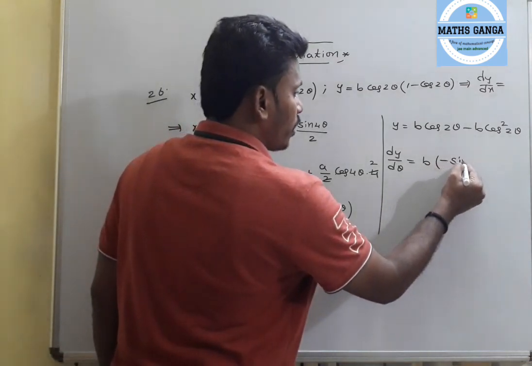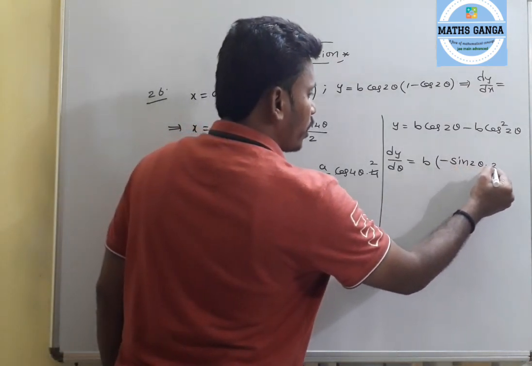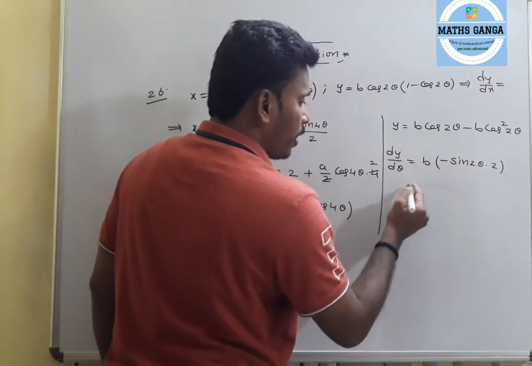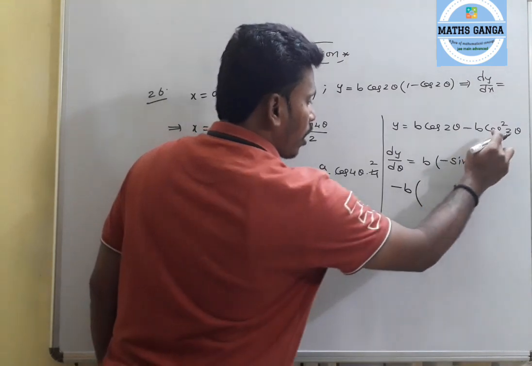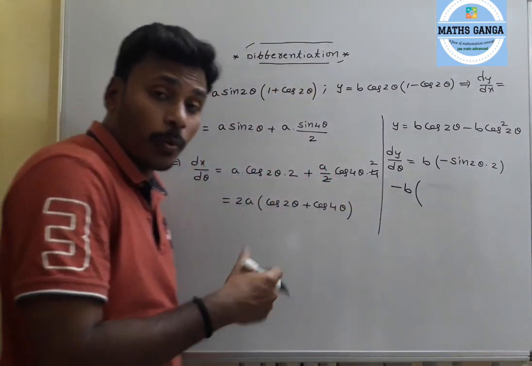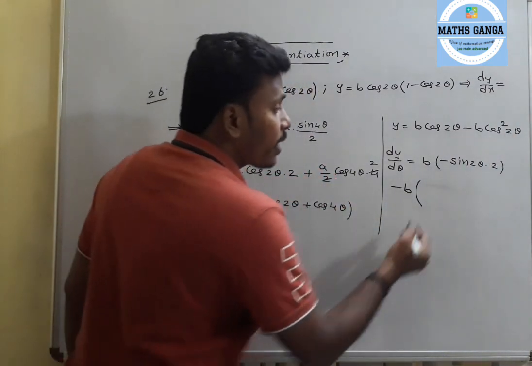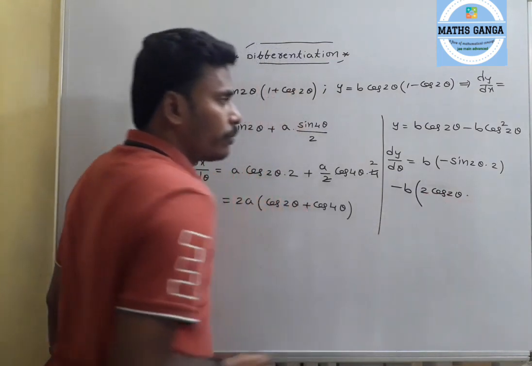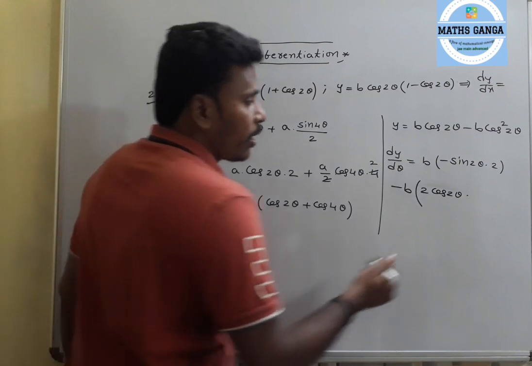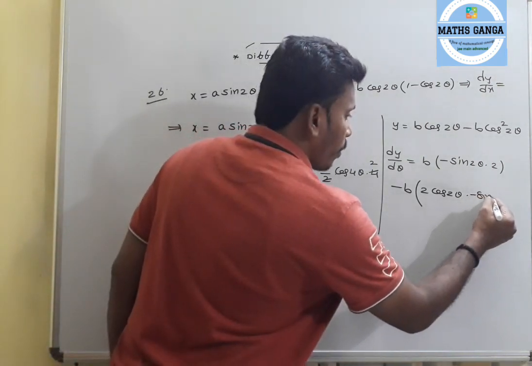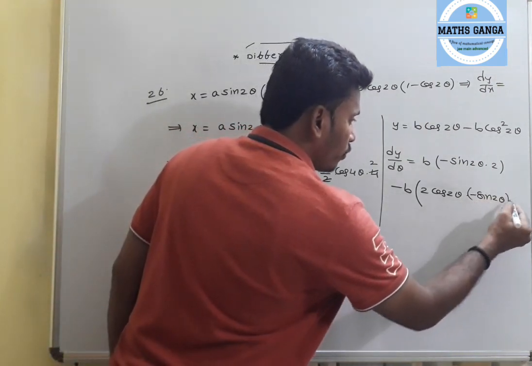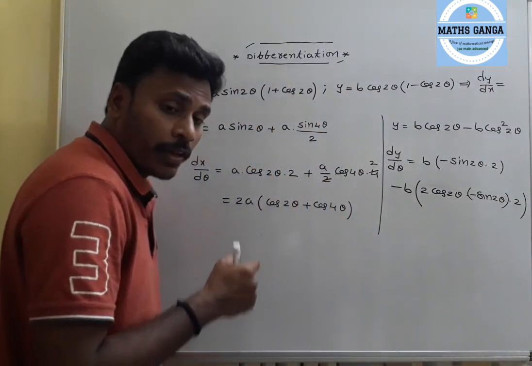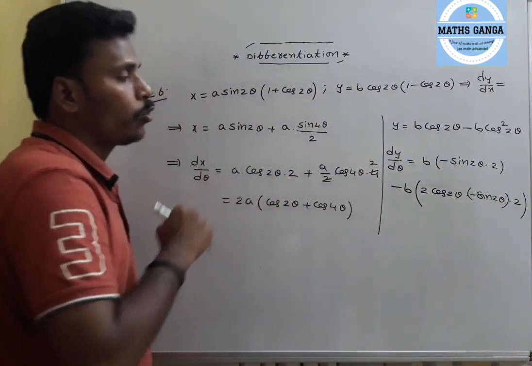Derivative of cos 2 theta is minus sin 2 theta into 2, minus b, just a minute, minus b into cos square 2 theta. Something square, right? Cos square 2 theta is 2 cos 2 theta into, that base is cos, its derivative is minus sin 2 theta into 2. For cos square 2 theta, for cos it is minus sin into 2.